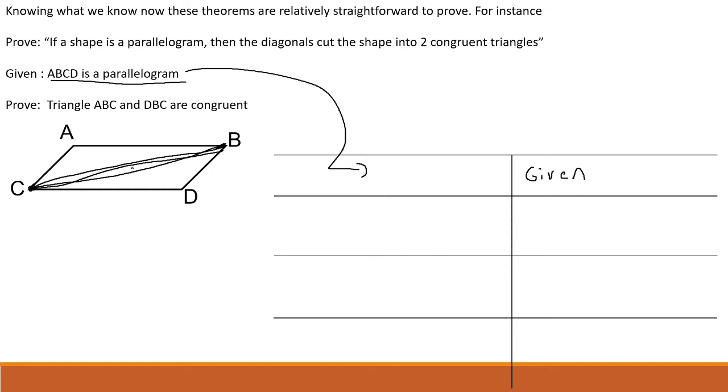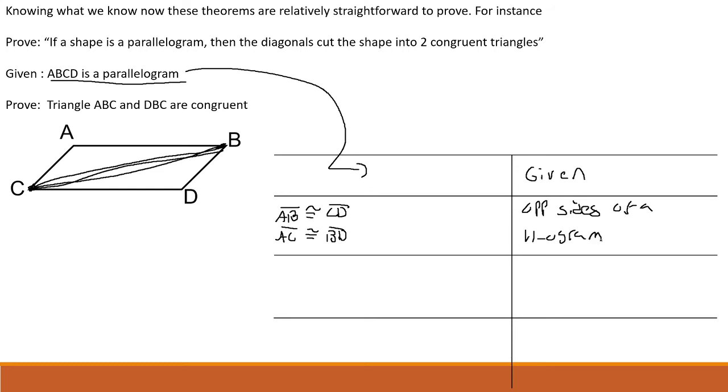Since this is a parallelogram, I know that opposite sides are congruent. So I know that AB is congruent to CD, and that AC is congruent to BD. How do I know these? Well, because opposite sides of a parallelogram are congruent.